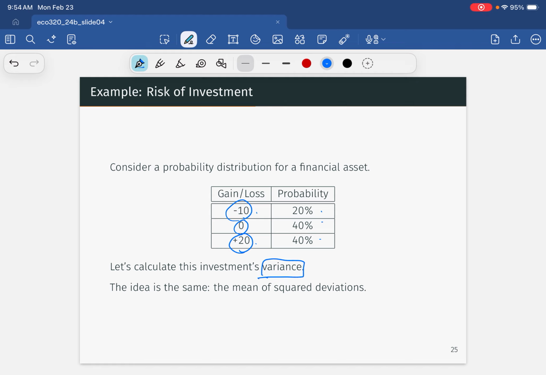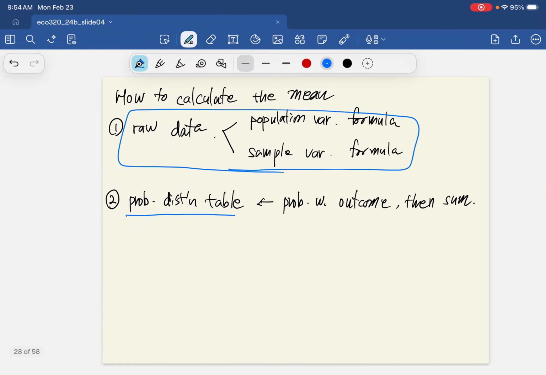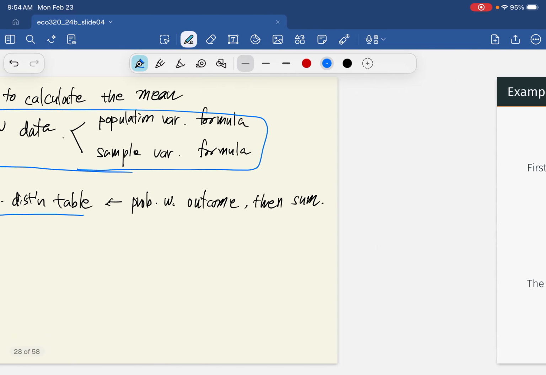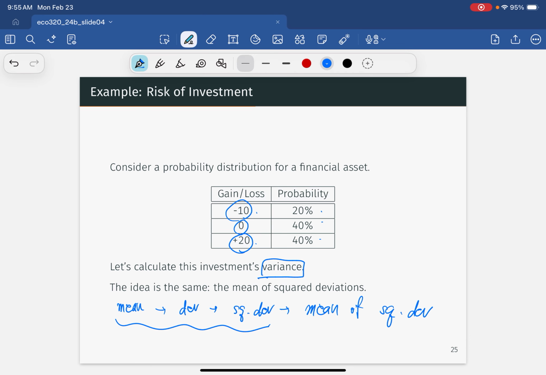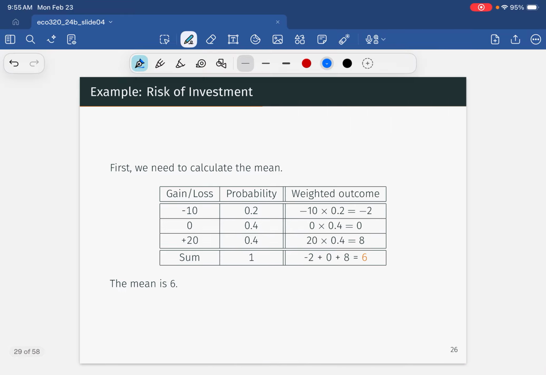Everything is the same if you understand what we are doing. I'm going to calculate the mean, then the deviation and squared deviation, and then the mean of the squared deviations. I explained this is just a transformation of the original variable, and this is calculating just another mean of the transformed random variable. That's what we are going to do.